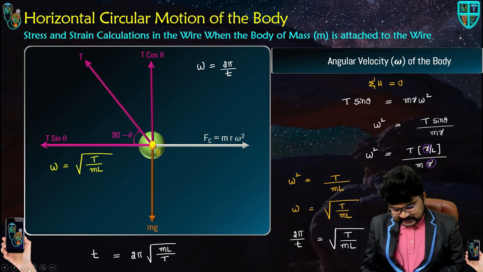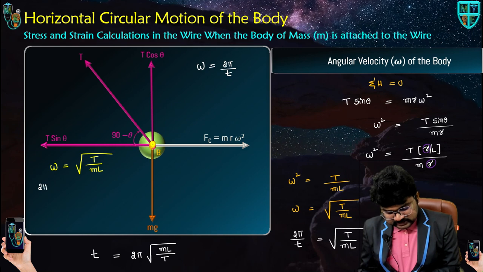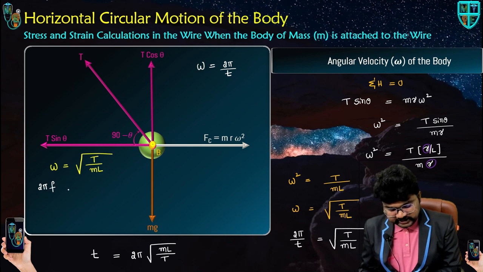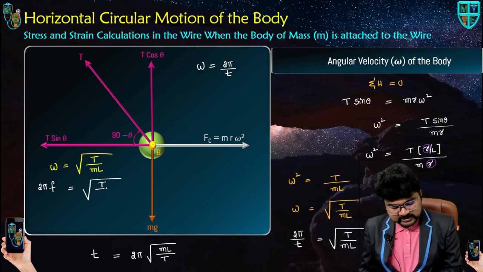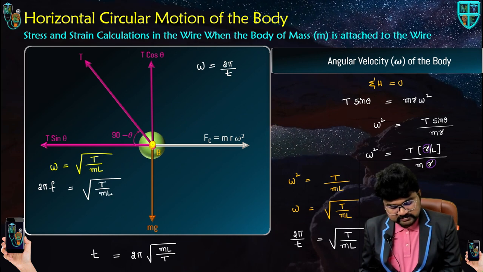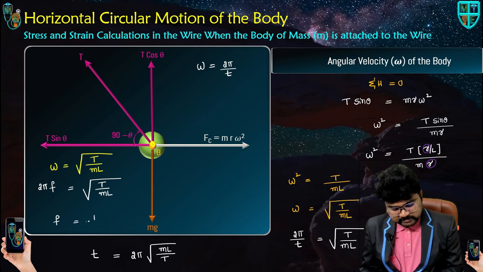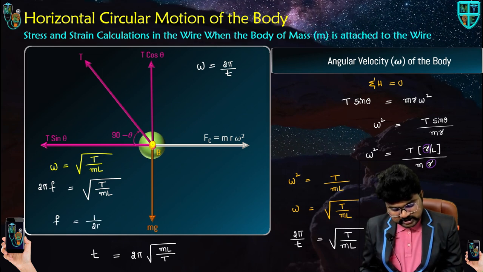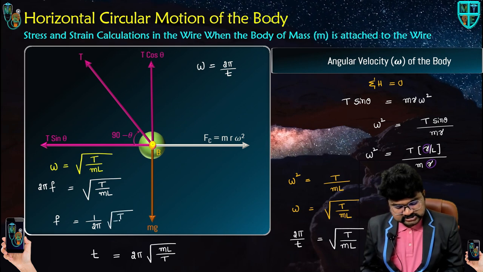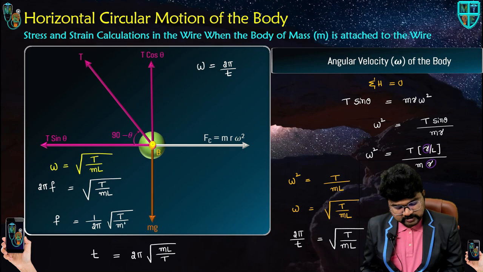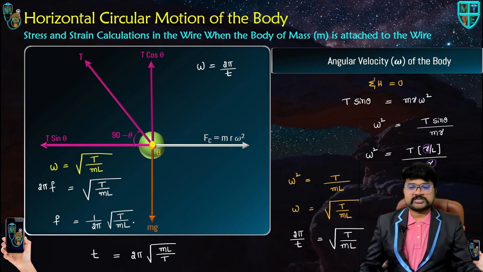You can write it as 2 pi f, where f is the frequency, equals square root of T by mL. F equals 1 by 2 pi square root of tension in the string by mass of the body into length of the wire. So these are the results obtained.